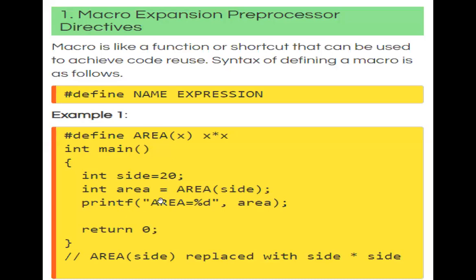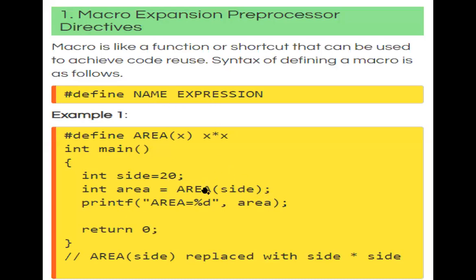But what your preprocessor does is, when you give this program to the preprocessor, it replaces the code written inside main, AREA(side), with the expression. Basically, your preprocessor replaces the name with the expression.